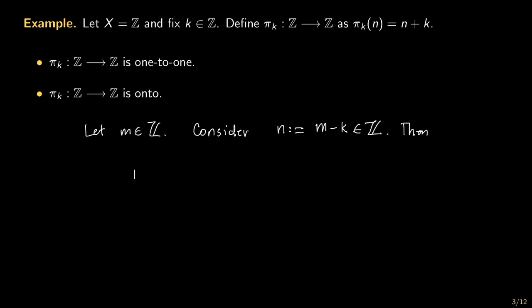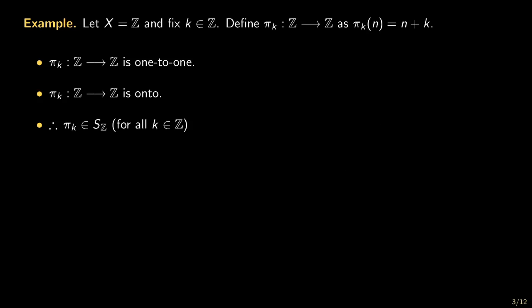Then if you take the image of n under pi sub k, you get n plus k as the definition tells us, but n is m minus k, so you get m as a result. Meaning to say, every integer is also an image of pi sub k, and therefore the function is surjective. Combining these two results tells us that pi k is actually a bijection from Z to Z, and by a bijection from Z to Z, we mean that it is a permutation of Z.